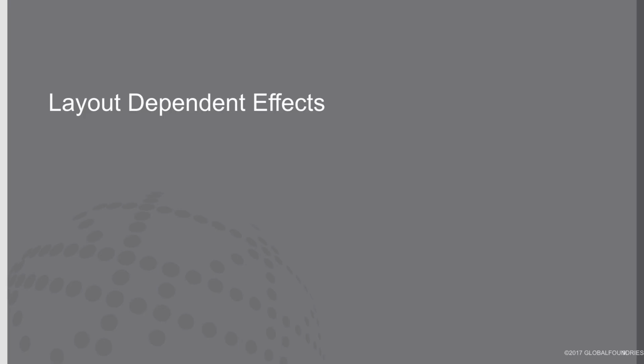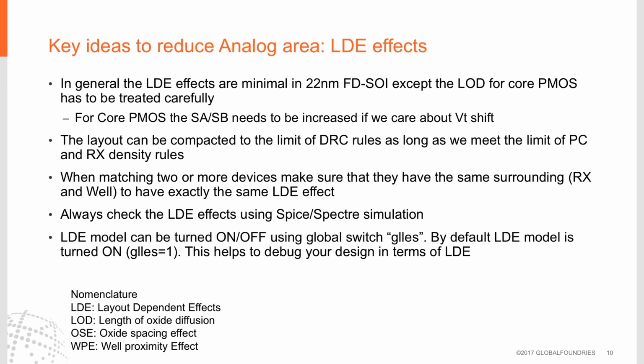I'll now go over the layout dependent effects. Some key ideas for reducing the analog area. In general, the layout dependent effects are minimal in our 22FDX process, except for the length of diffusion for the PMOS, which needs to be treated carefully. For the core PMOS, the SASB needs to be increased if we're worried about VT shift.